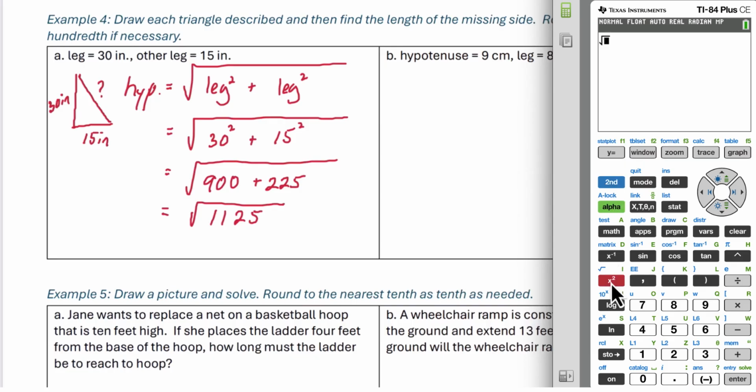Square root of 1125 is 33.541. We're asked to round to the nearest hundredth, so we need these 3 decimals. 4 is the rounding digit. Look to the right of that, and we see 1, which tells us to round down. So what we're looking for is 33 and 54 hundredths, and our units inches.